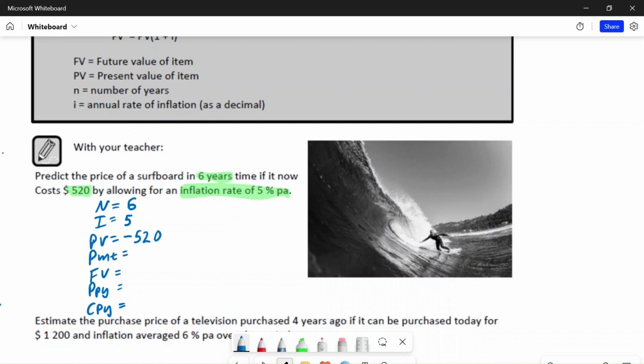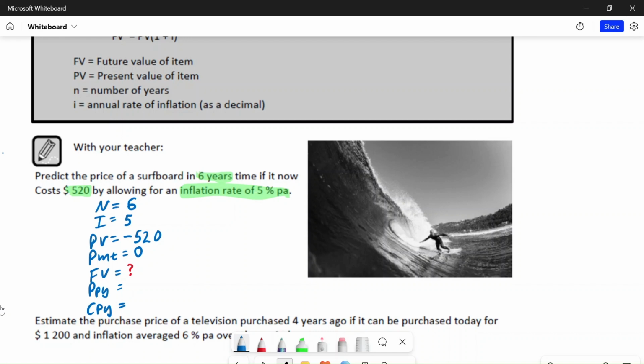Either the present value or the final value needs to be negative. But just considering that, you have to pay for this surfboard now perhaps, so it's money out of pocket. So we'll call that the negative. There are no regular payments or anything happening, so a 0 there. The final value is what we're trying to calculate, so put a question mark there, or the future value, perhaps you would call it in this case.